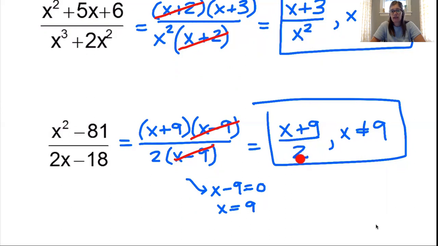So they would think that this would work for all x's. Like I can always divide by 2. So my domain would be all real numbers. But because it's really the simplified form of this, we know that x cannot be 9 because if we put 9 in here, then we would get 0 in the denominator. So we have to say this, x cannot equal 9, so that x plus 9 over 2 is the same expression as x squared minus 81 over 2x minus 18.